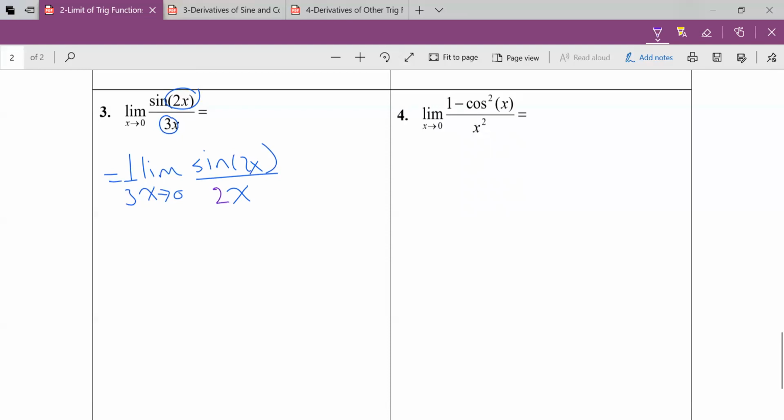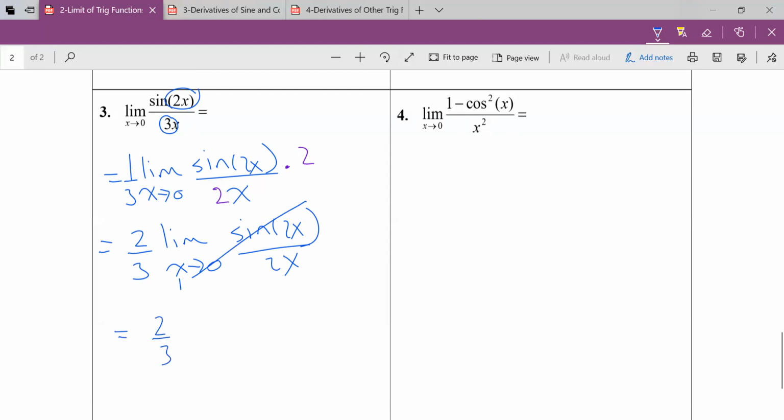If I'm going to put a 2 in the denominator, then I need to multiply the numerator by 2. So really, I'm multiplying by 1 in that sneaky way. What does that give me? 2/3 the limit as x approaches 0 of sine 2x over 2x. There's that really important limit, and there it is, 2/3.